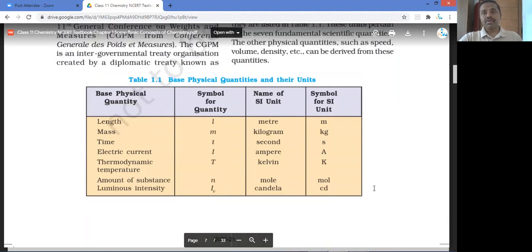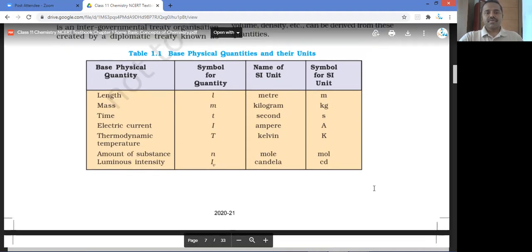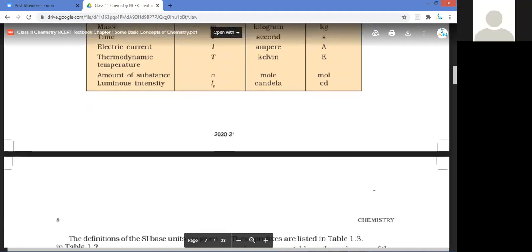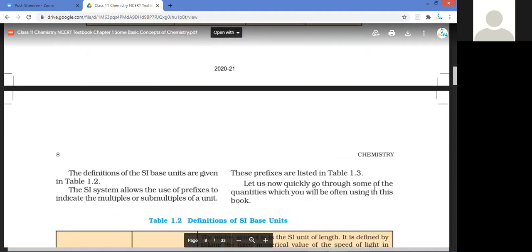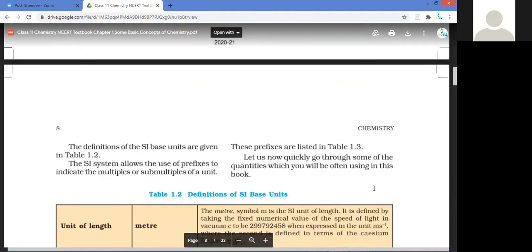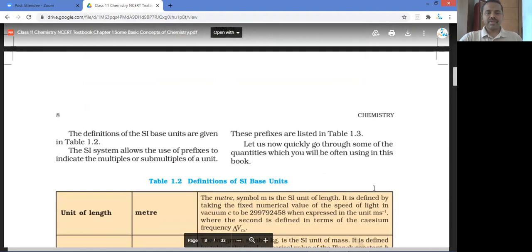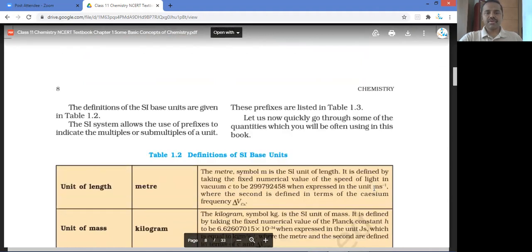So the same amount of sand or the same amount of sugar, but how do you differentiate? You will have a differentiation in terms of the moles. The SI system allows the use of prefixes to indicate the multiples or submultiples of a unit.